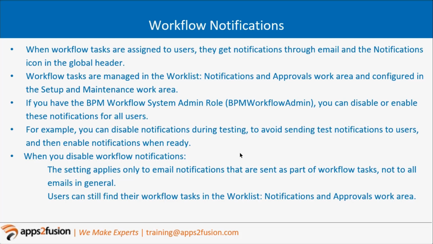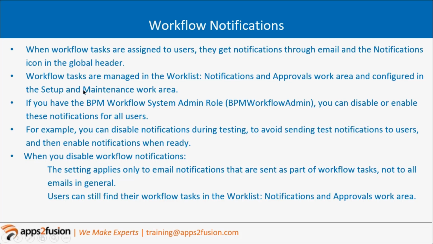If we have the BPM workflow system admin role, we can enable or disable the notification for all users. We have it currently in this instance for this test user. There is this role already assigned, so that is why we'll be able to do that.